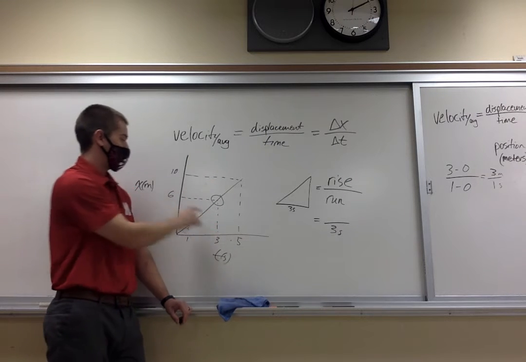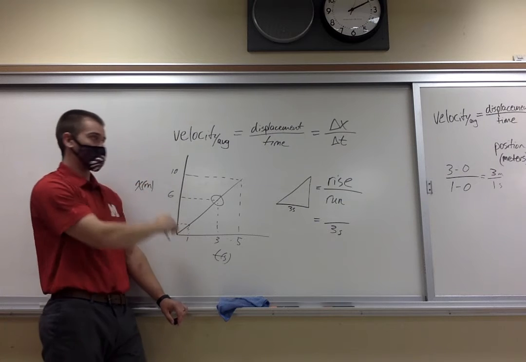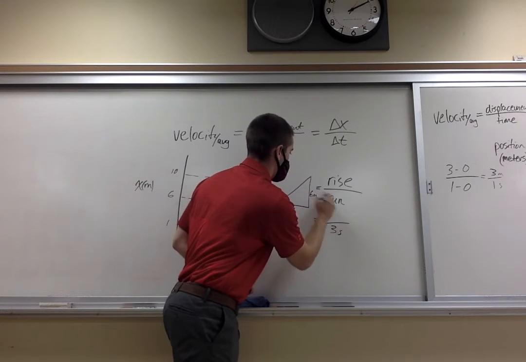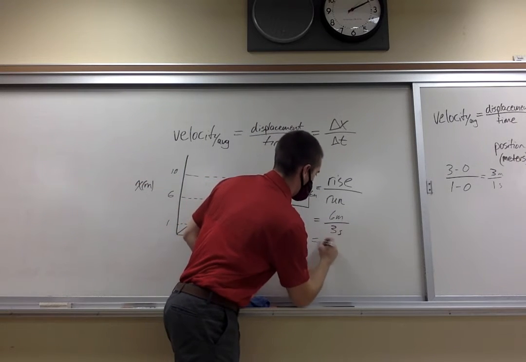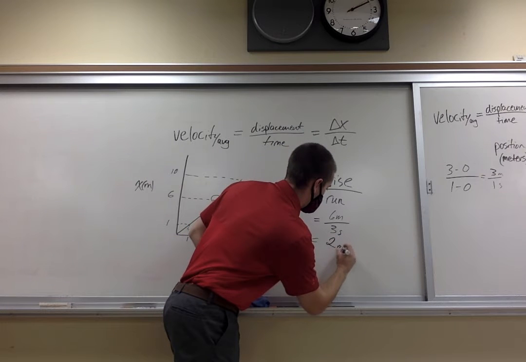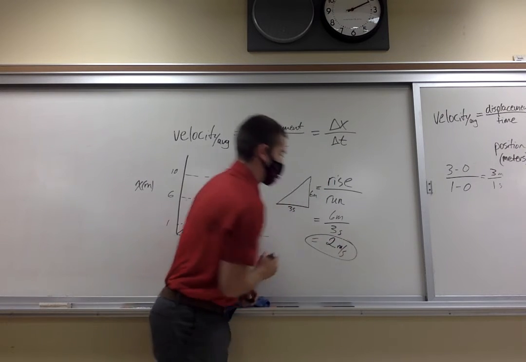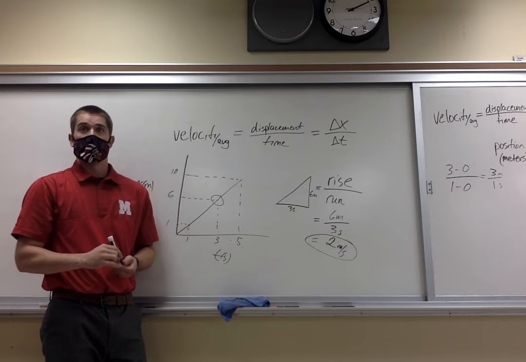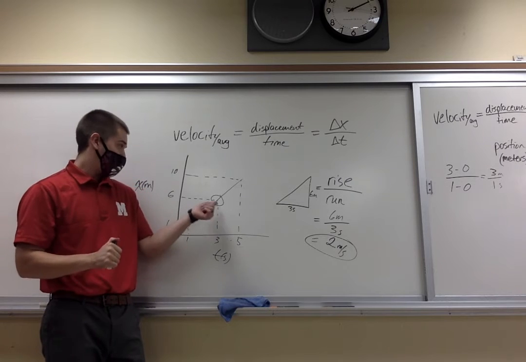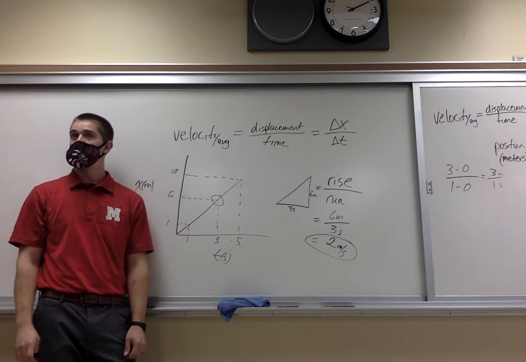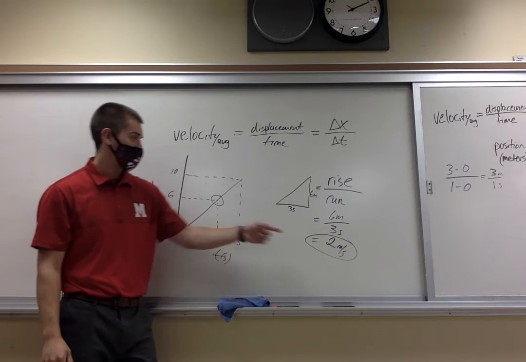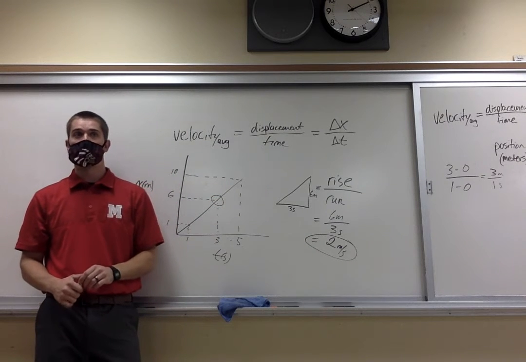Meters, right? The other axis is measured in meters. What that means is at that moment in time, my object is traveling at 2 meters per second.